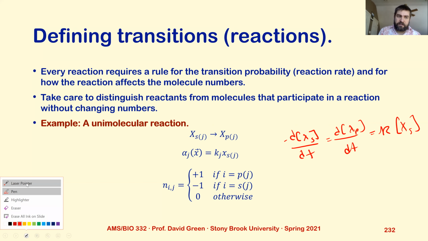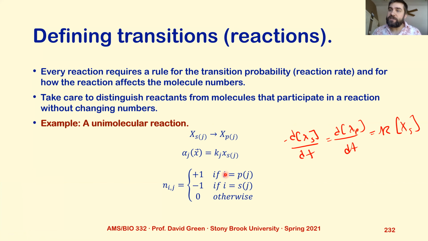The change vector that we discussed in the last lecture, which we used to keep track of how numbers of molecules change for this unimolecular reaction, has a +1 for the product, a -1 for the reactant, and everything else is 0. Right?